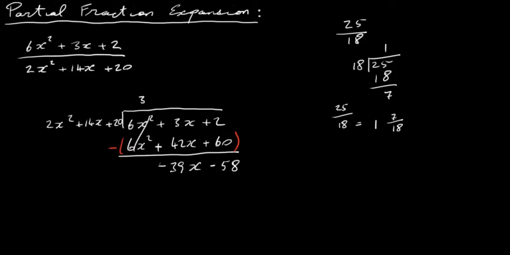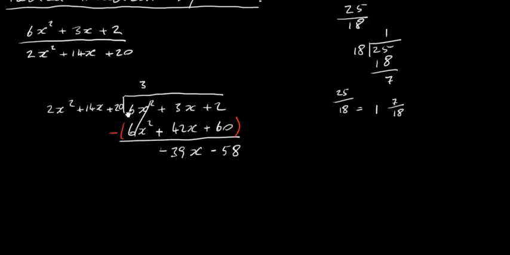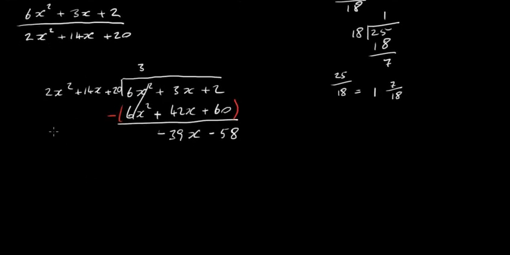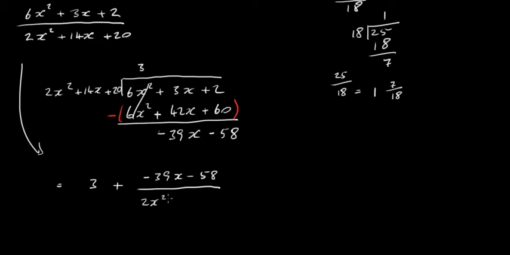So this fraction is going to be equal to 3 plus minus 39x minus 58 over 2x squared plus 14x plus 20. Think about what we did here: we divided 18 into 25, went in once with 7 left over, so it's 1 and 7 over 18. Here we have 3 and this term over this here.